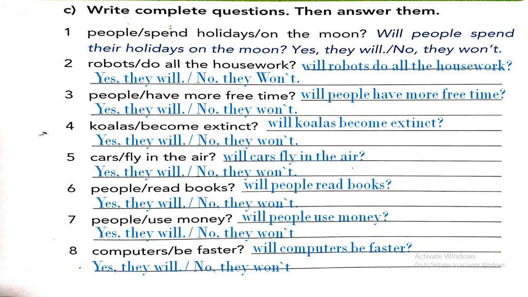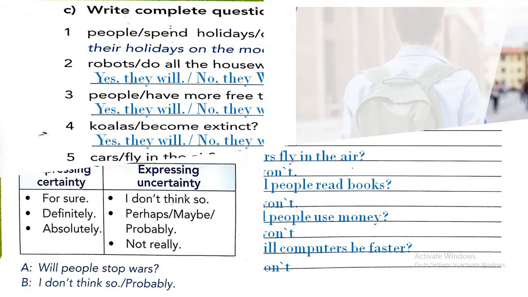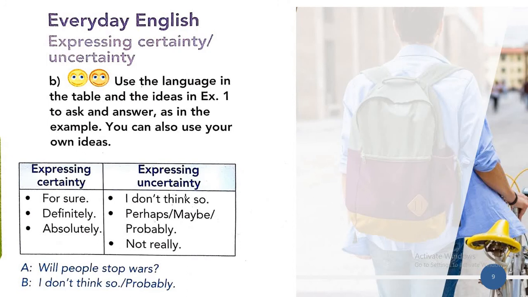Excellent. And now let's move to Everyday English: express certainty and uncertainty. So B, use the language in the table and the ideas in exercise 1 to ask and answer. You can also use your own ideas. Let's start with expressing certainty: for sure, definitely, absolutely.